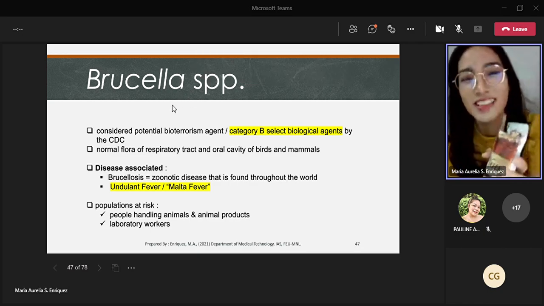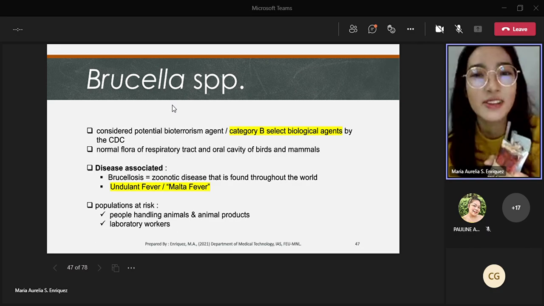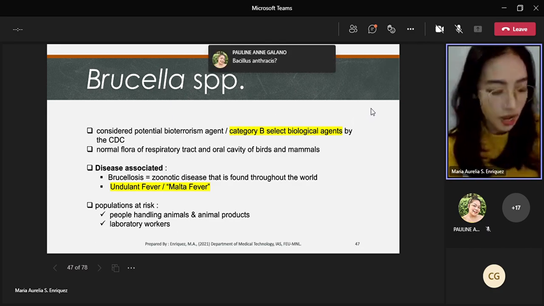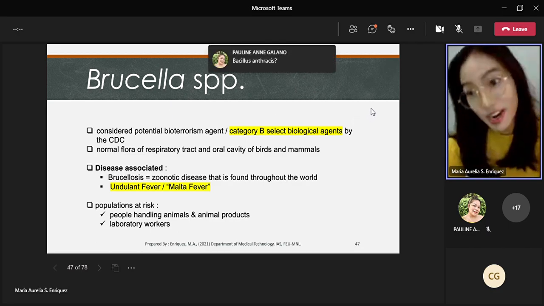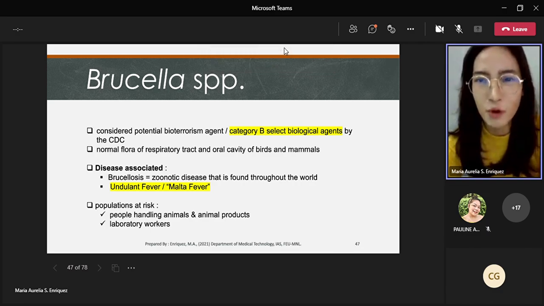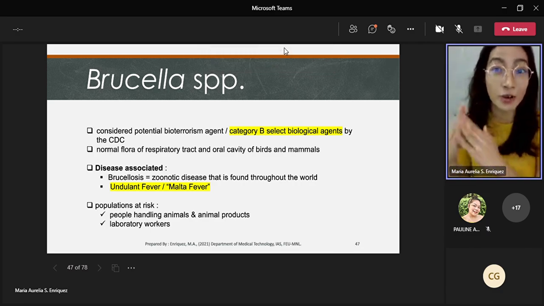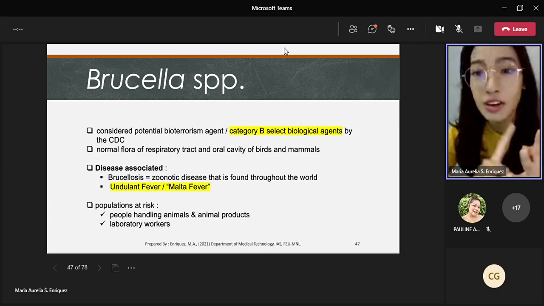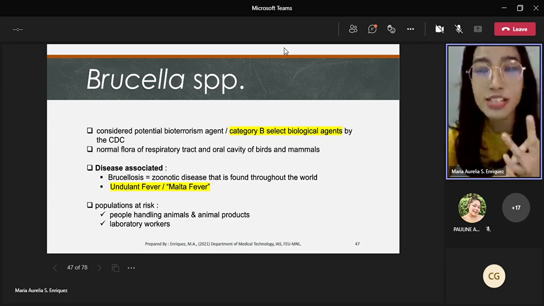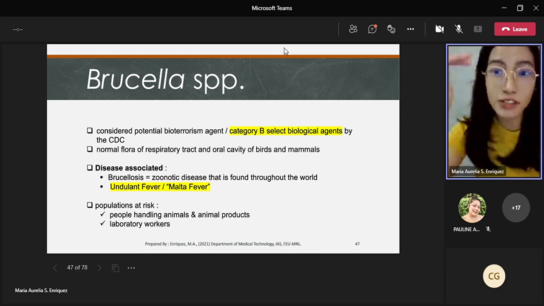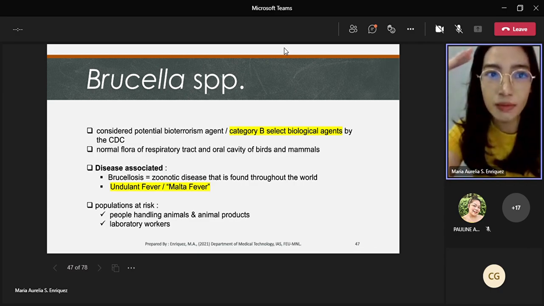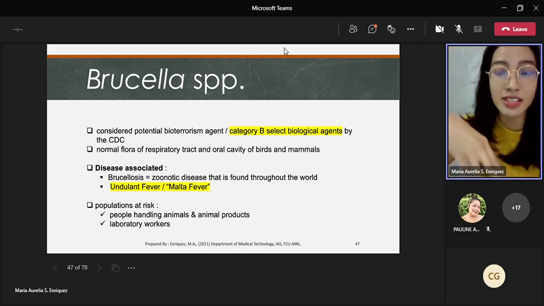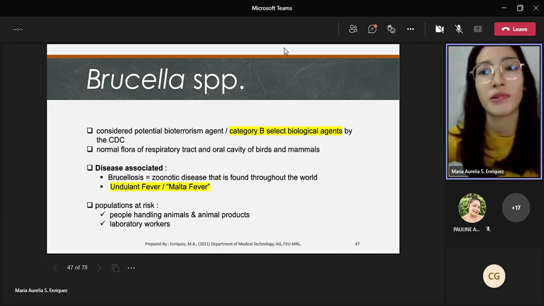It's Bacillus anthracis, okay? Ang Bacillus anthracis po, which could cause either cutaneous or pulmonary or other forms of anthrax, ayan po, has been classified as a category A bioterrorism agent. There are three categories of bioterrorism agents. So yung A po, yung pinakamataas or the highest importance, B, and then C. Yung C, yung least important.